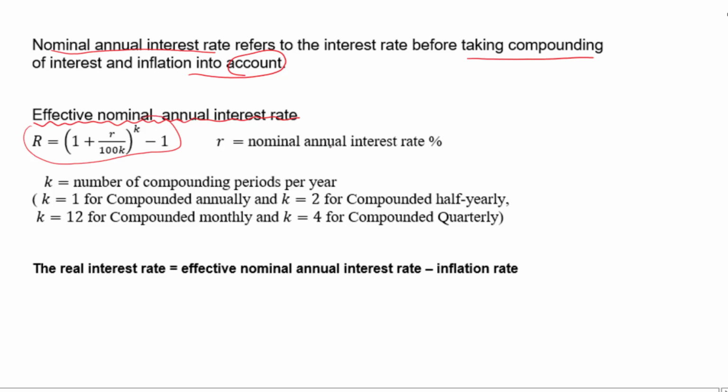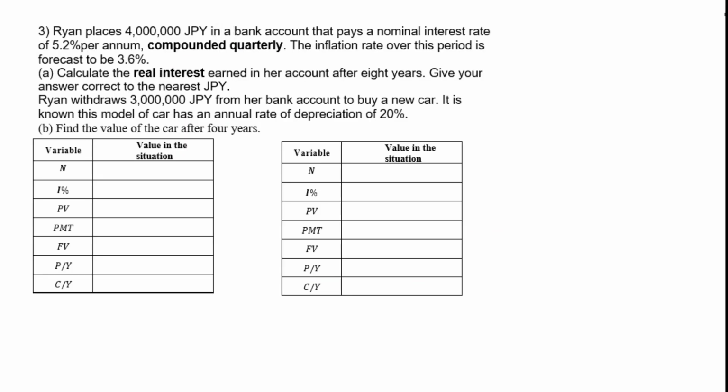R is the nominal annual interest rate. K is the number of compounding periods per year. K equals 1 for compounded annually, 2 for half-yearly, 12 for monthly, and 4 for quarterly. The real interest rate will be the effective annual interest rate minus the inflation rate.